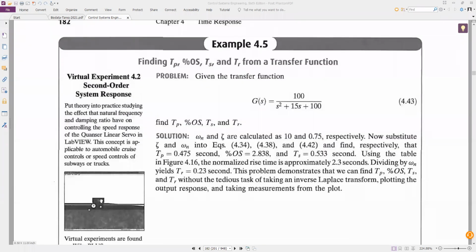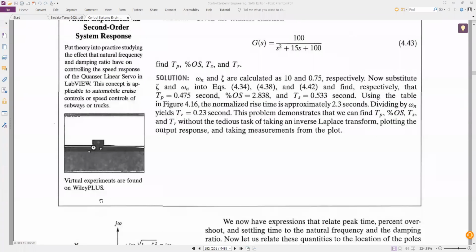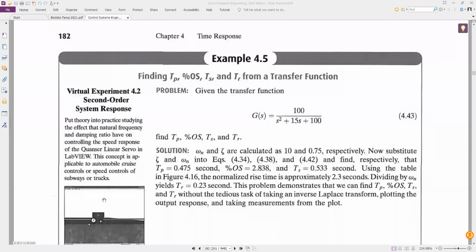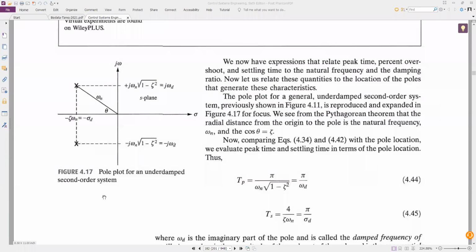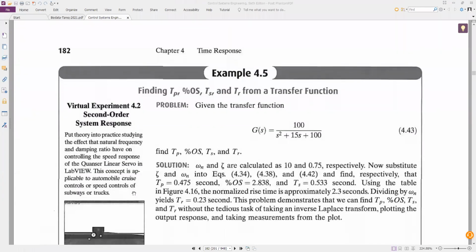Okay, now last problem of today's class. Finally, this is going to end this chapter. Okay, see the problem. Given the transfer function, this one. Now, question is find the Tp, that means the peak time, percentage of overshoot, settling time, and rise time. This thing you have to find out.